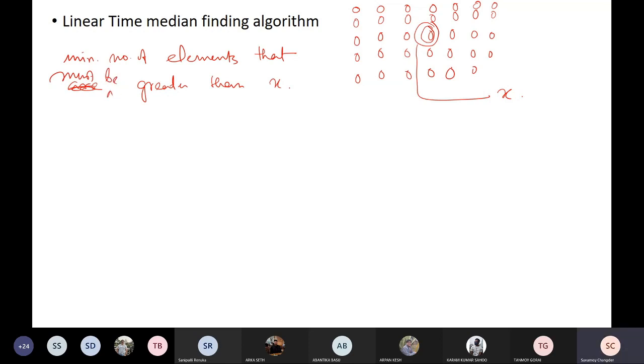Think about that. What we know, if this is x, then this element is greater than x because all these are in sorted order. Now, since again these are in sorted order, therefore these two elements are also sorted, and therefore these three elements are greater than this. Okay. So in one group we are getting three elements.